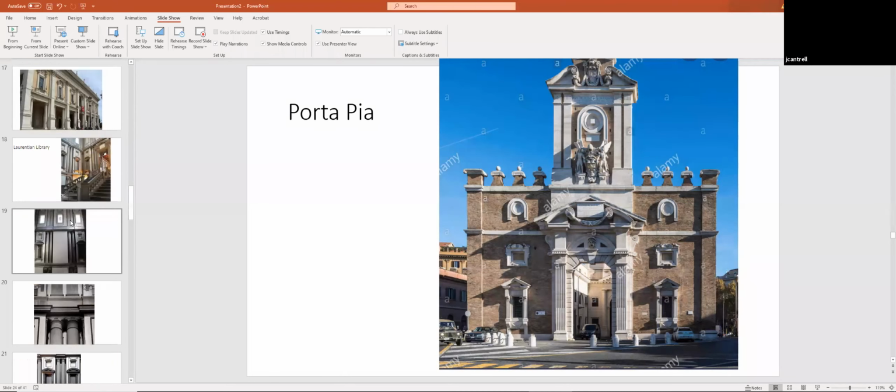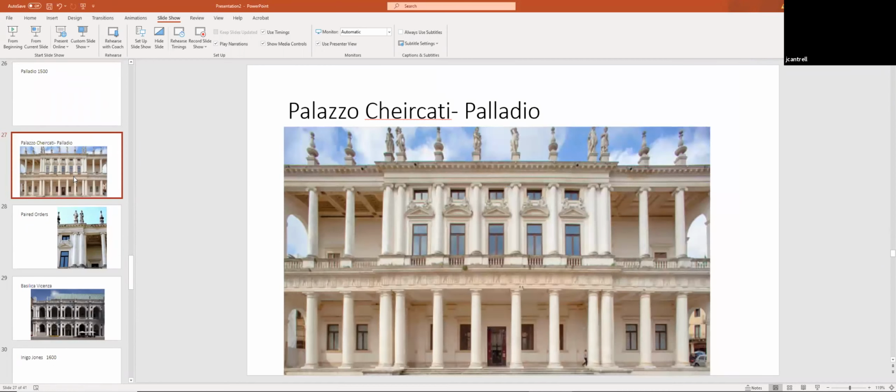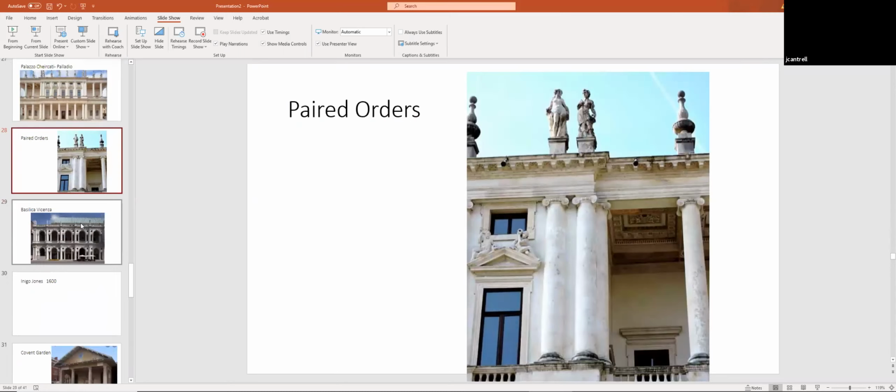As brilliant as he was, he was doing some very subtle visual differences. You would never see a paired column in ancient Greek or Roman architecture. They're paired, of course, because these are Renaissance. So this is a very unique way of changing up the status quo of classical architecture.